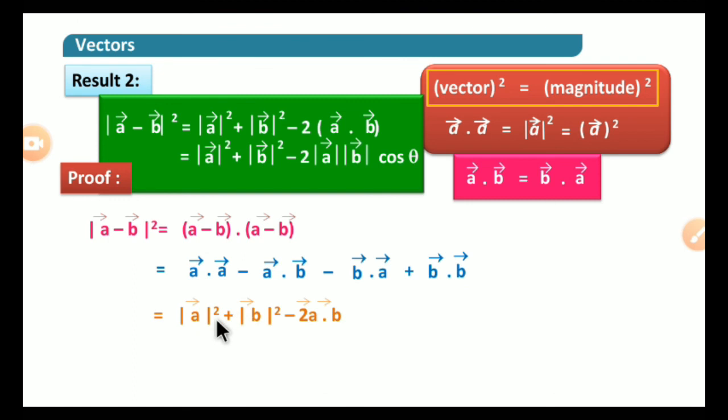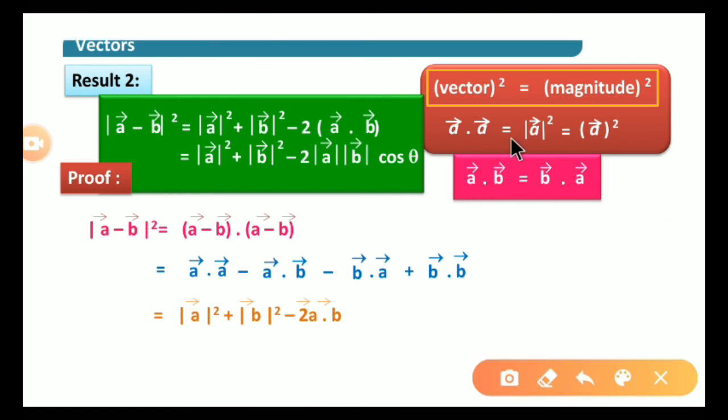Therefore, here we have magnitude of A square, because the dot product of the same two vectors is equal to magnitude of vector A square. Similarly, B dot B can be written as magnitude of B square, and these two are the same as we have seen in the previous result.